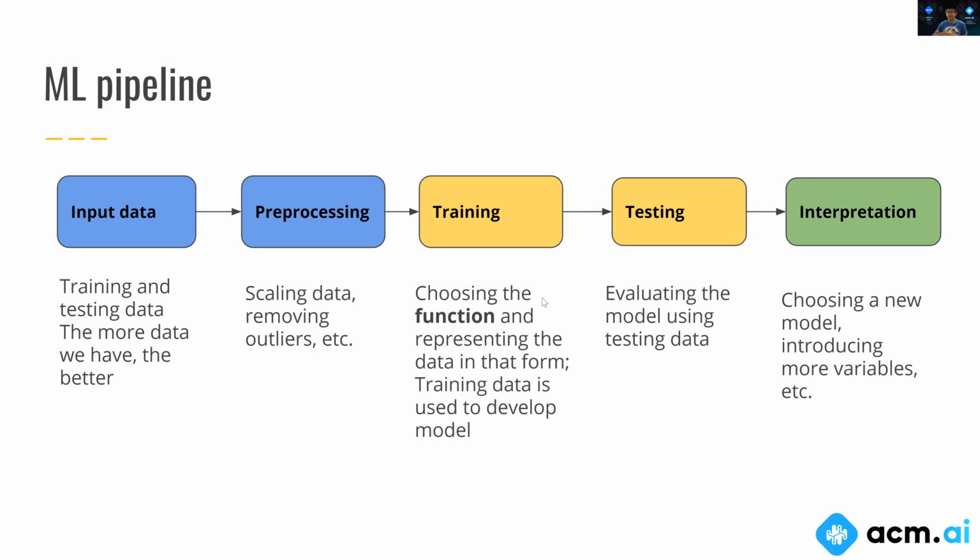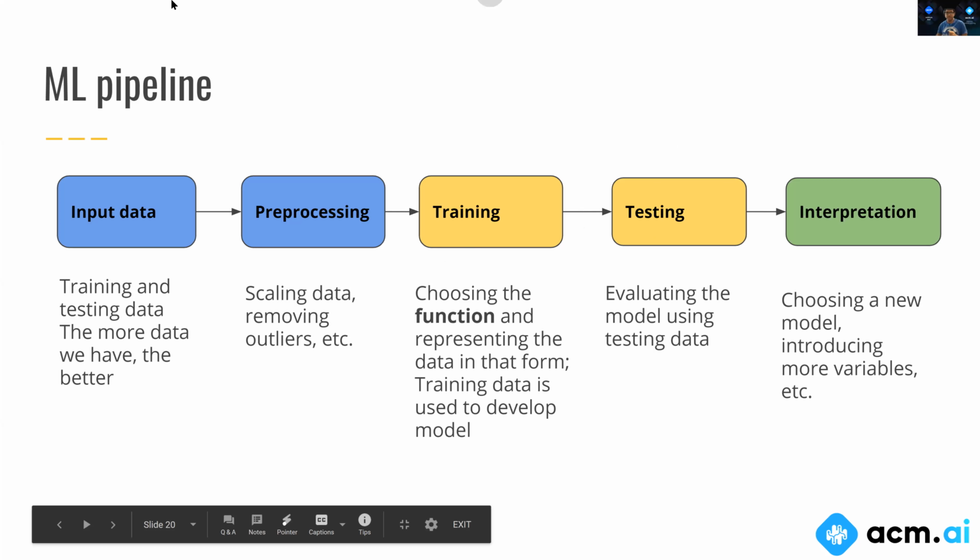Yeah, so training, that's the part where all the magic happens. That's the gradient descent part, where we're trying to figure out how to change our function so that it eventually predicts values that we would expect.